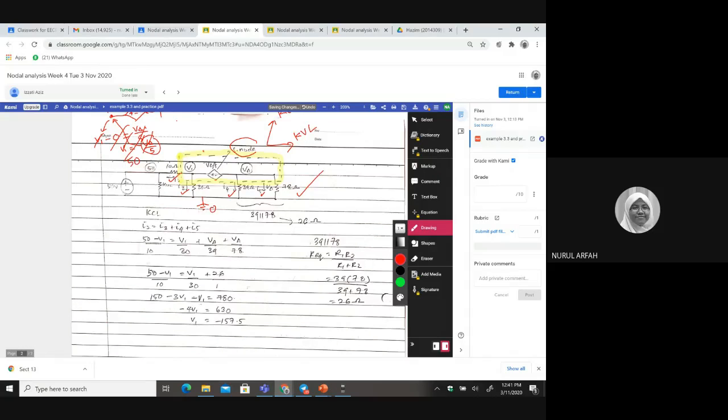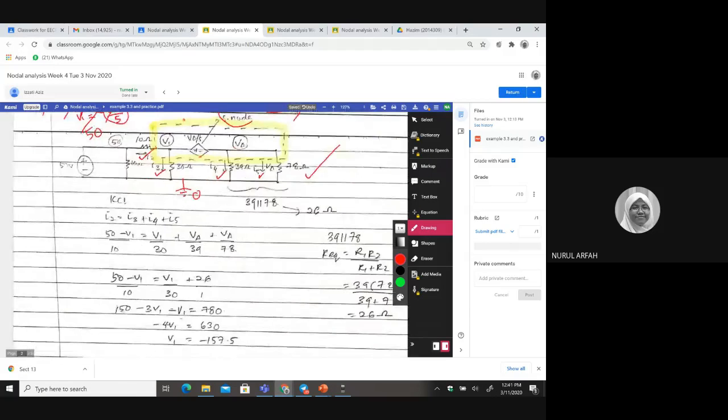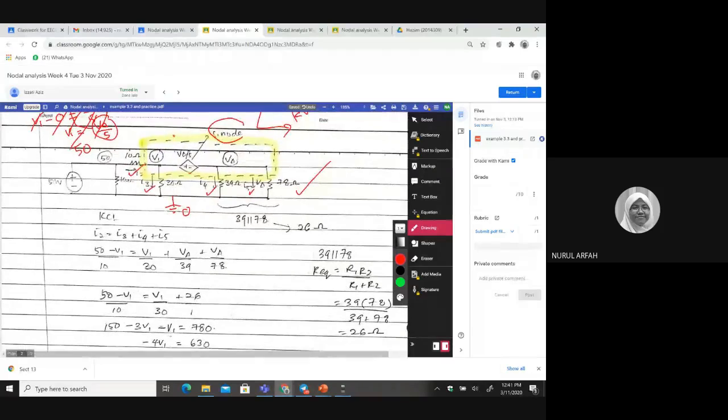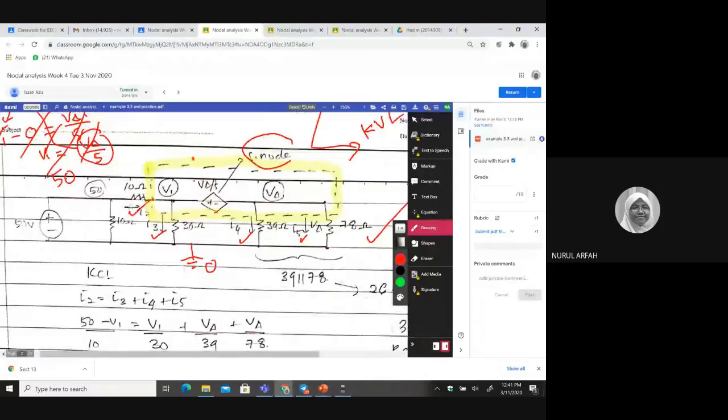So let's see our sister's answer. KCL. Before that, we look at how many branches are attached to the boundary of your supernode. Here number 1, number 2, number 3, and number 4, right?